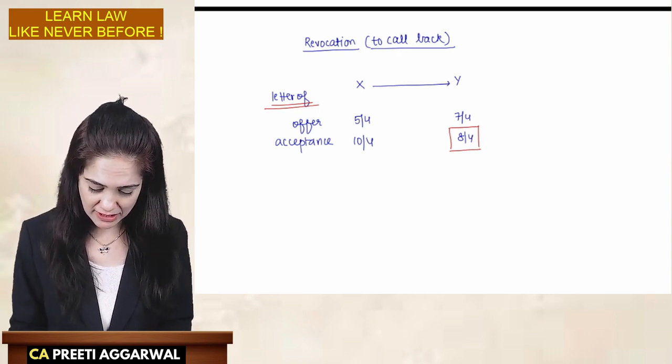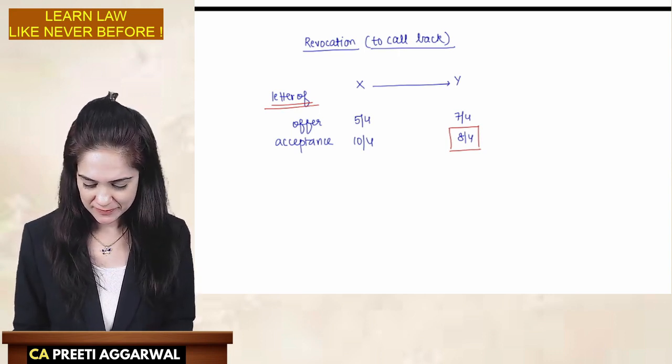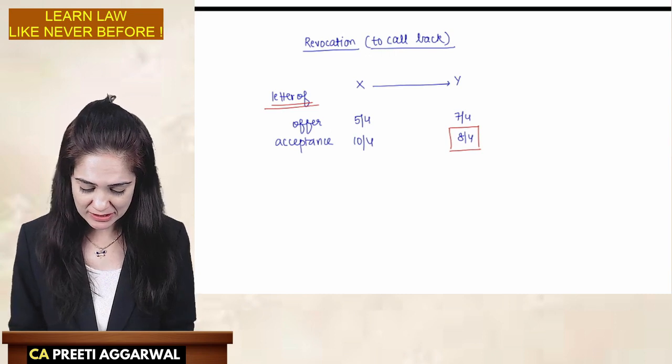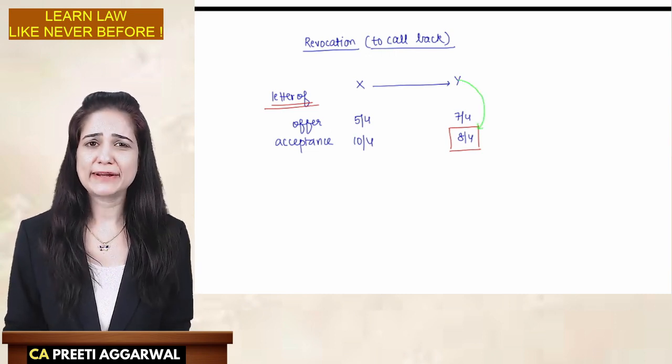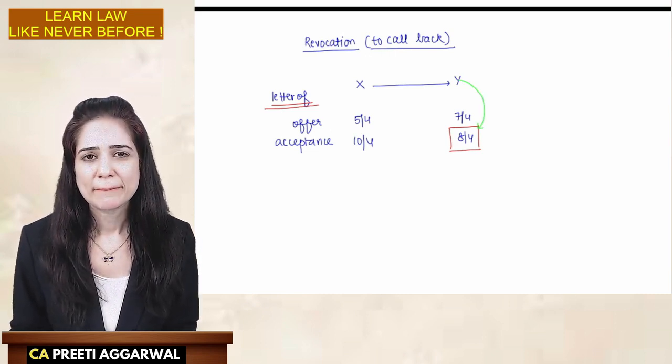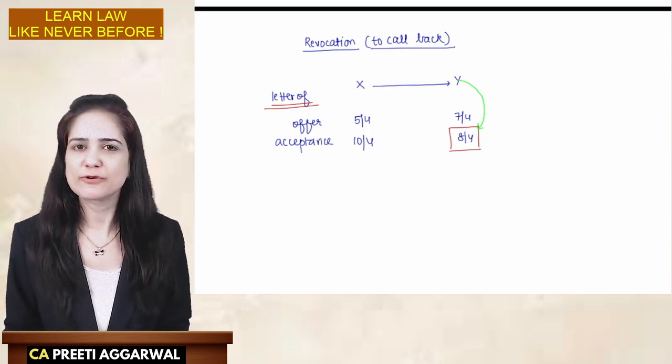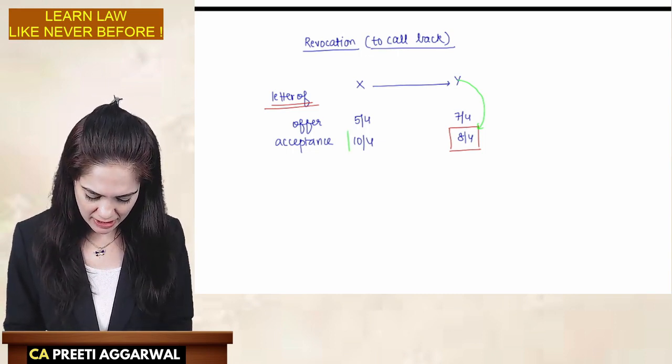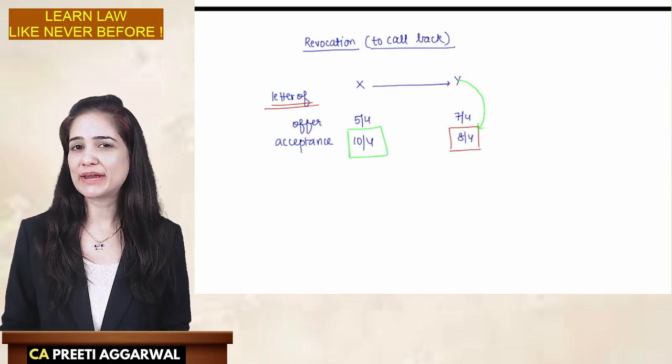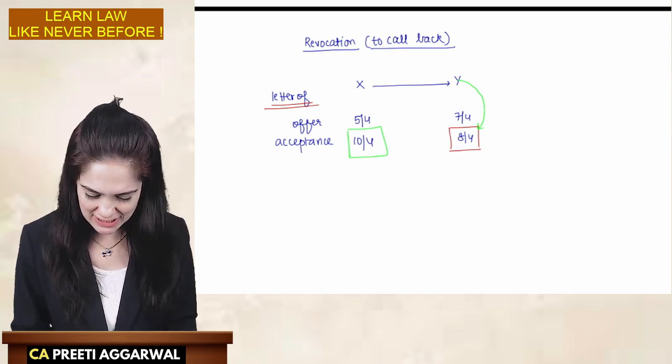Alright, tell me, when is a contract made for Y? Y gave his acceptance and then he realized that, oh, I didn't want to accept this offer. By when can he revoke? When is contract made for Y? Contract is made on 10th. So can I say he can revoke anytime before 10th? Let's take down notes.